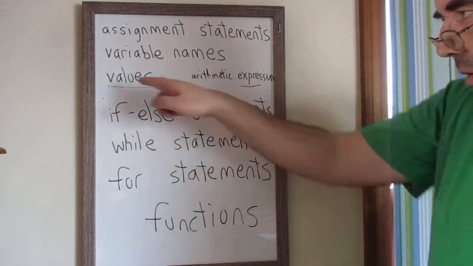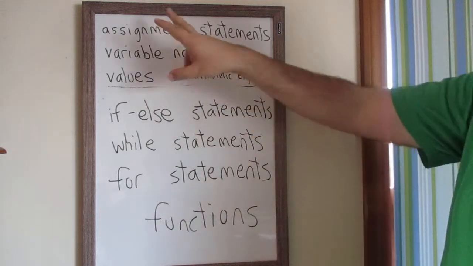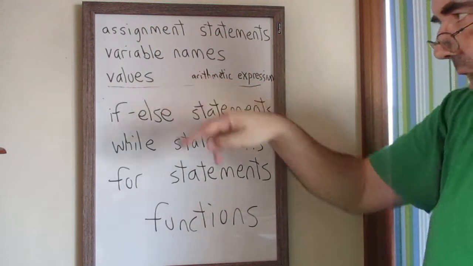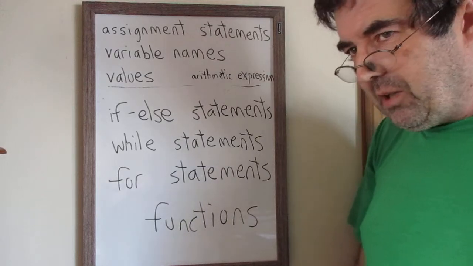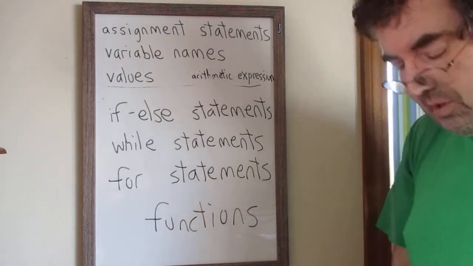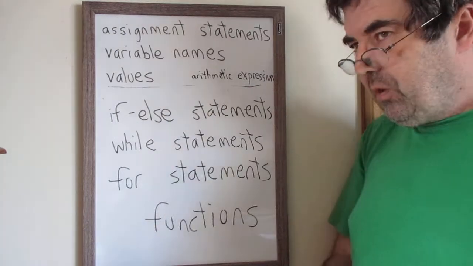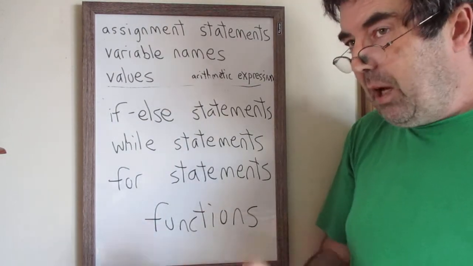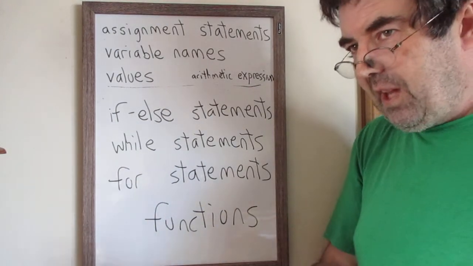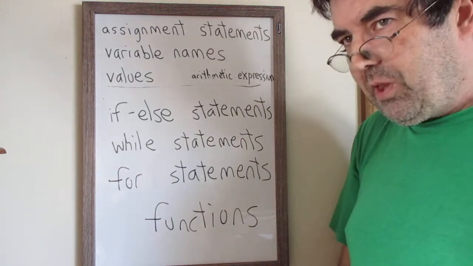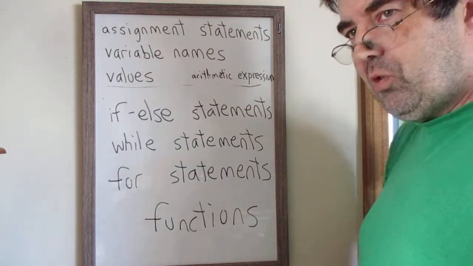I want to talk about values for a minute. Step number 1 is these three things: assignment statements, variable names, and values. I want to talk a little bit about values and then shift over to another talk. A value for beginner students is usually a number or a string of text. So for beginners, typically a value that you work with in practice is a number or a string.